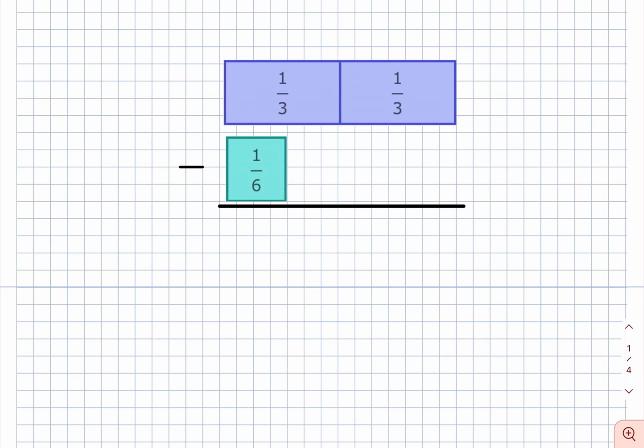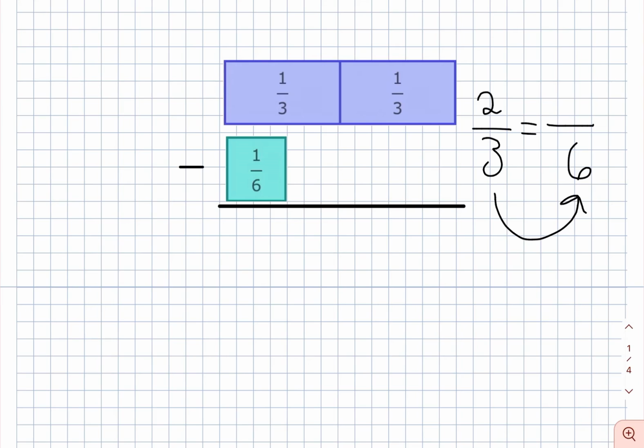How will I turn them into sixths? I'm going to turn 2/3 into how many sixths? Let's try that strategy we tried last time.